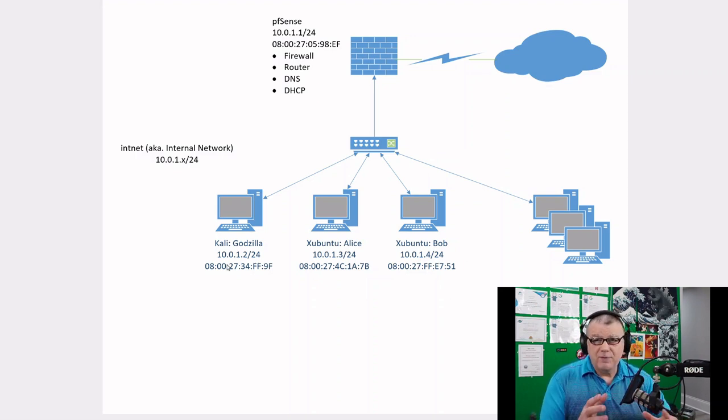Now, if those machines wish to talk to each other, they have to communicate through some kind of electrical pulse. So they have to identify themselves electronically down at the physical layer of our OSI reference model. At the very lower layers, I have these very cryptic numbers, 08002734FF9F, and Alice is 08002747C1A7B.